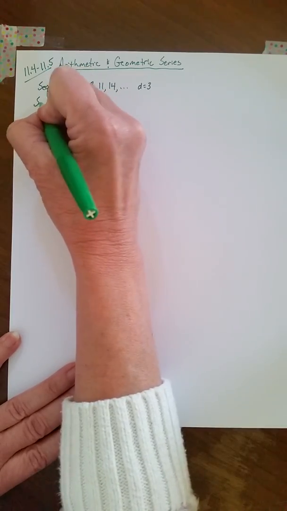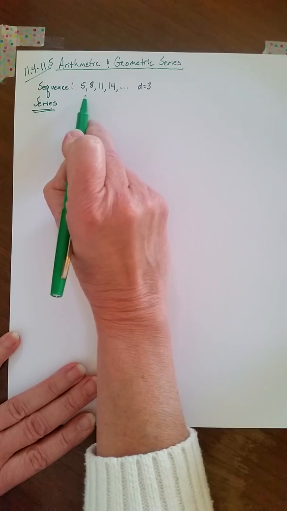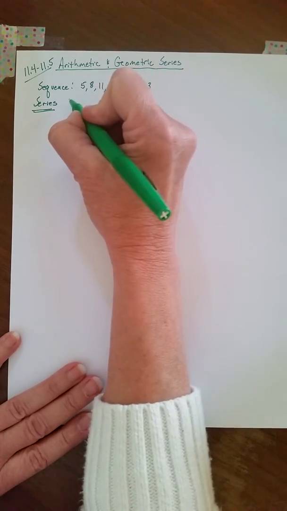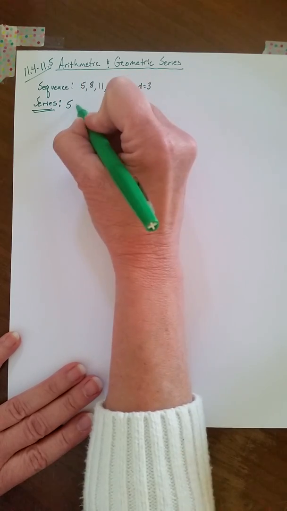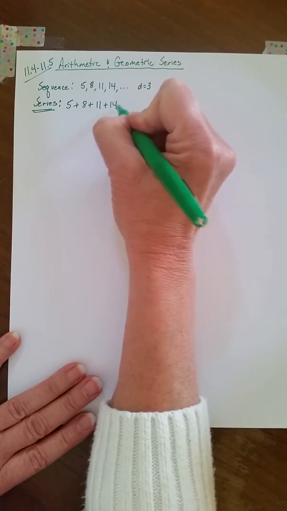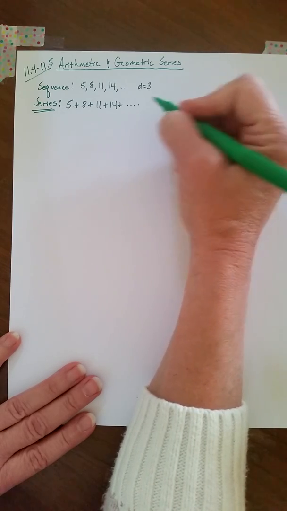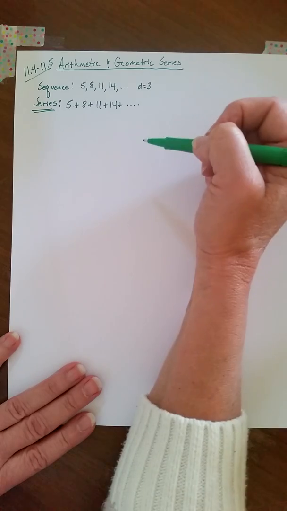Now, the corresponding series is just where I take these numbers and instead of using commas, I put in pluses. So this is the corresponding series: 5 plus 8 plus 11 plus 14 plus ... and however many terms they want us to find the sum to. Okay? That's the only difference between the two.